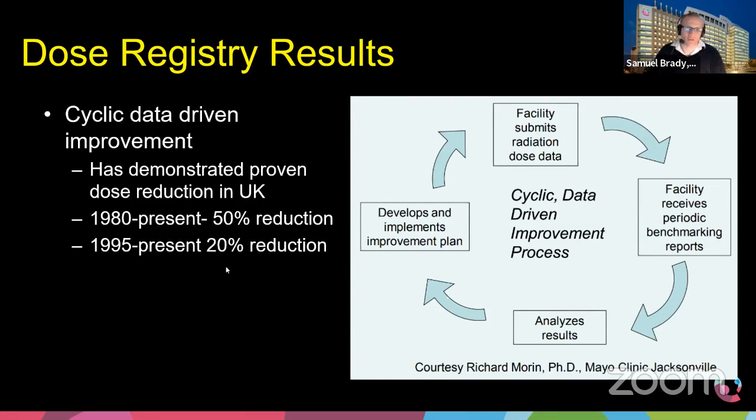And so this cyclical process has been shown time and time again from country to country. There are publications across Southern Asia and the Asian continent, Europe, here in the USA, Africa, South America, everywhere that has published these DRLs, and they have shown this cyclical data-driven process is really good at keeping the doses at a reasonable level for our diagnostic tasks.